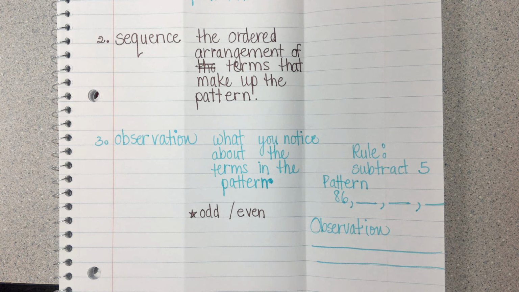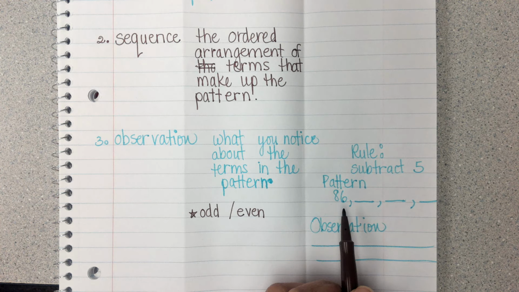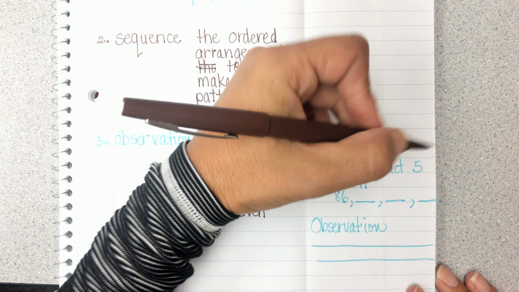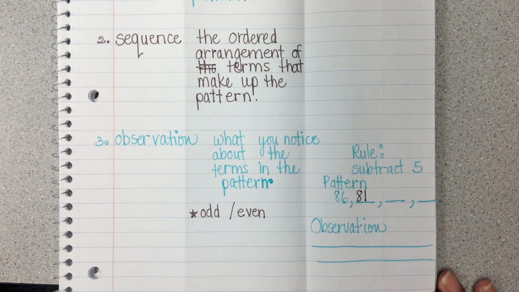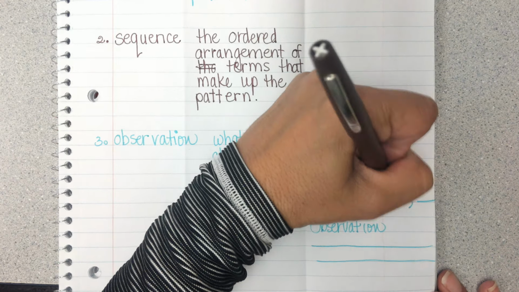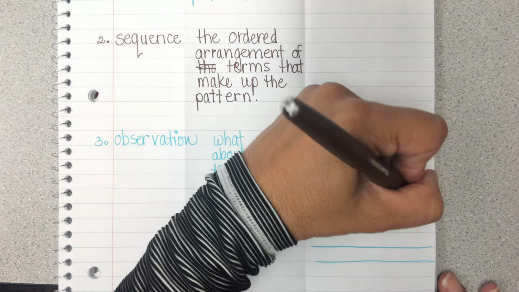So we had lots of practice doing that, and what we're going to do is subtract 5 in order to find this pattern. 86 minus 5 is 81. 81 minus 5 is 76. And 76 minus 5 is 71. Boy, do we see a pattern.